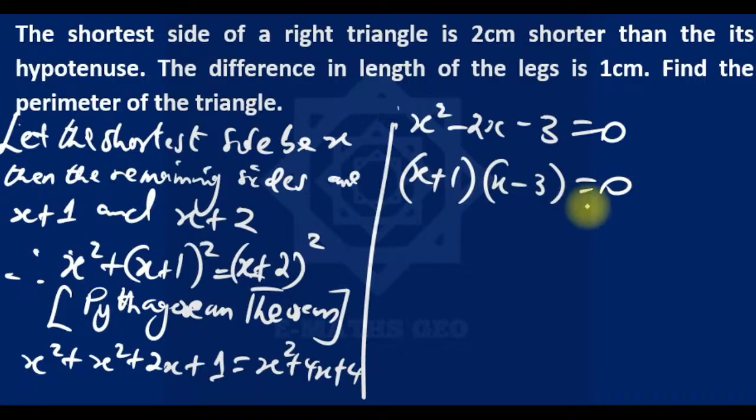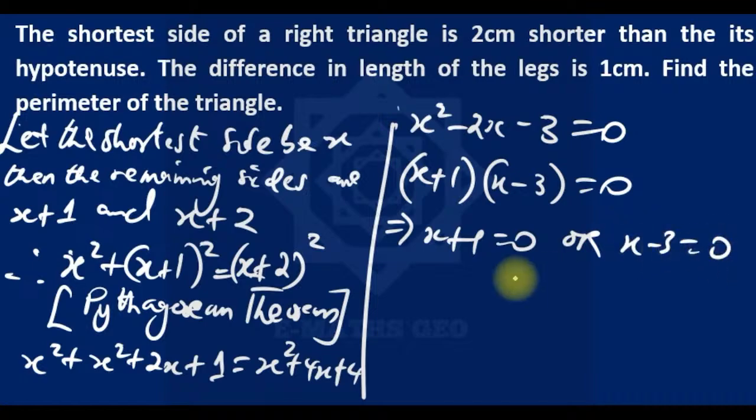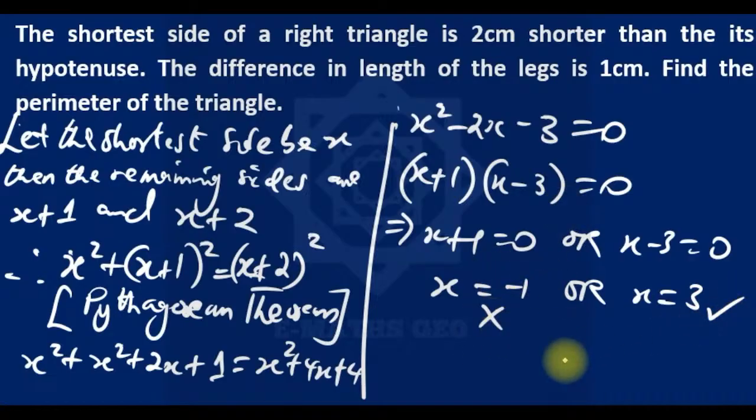So the product of two numbers to be 0 implies that x plus 1 is 0 or x minus 3 is 0. So I have x is minus 1 or x is 3. We're asked to find the perimeter, but length cannot be negative, so this one is out. This is the one we choose.